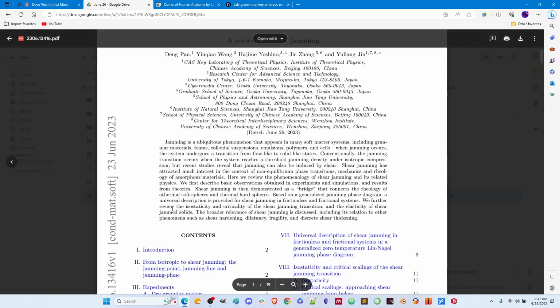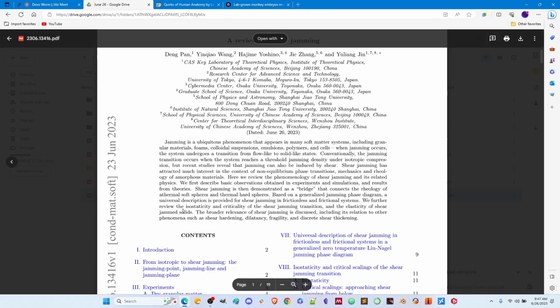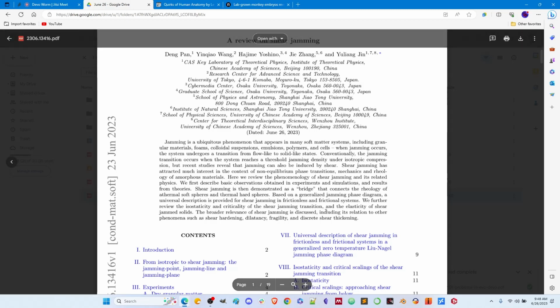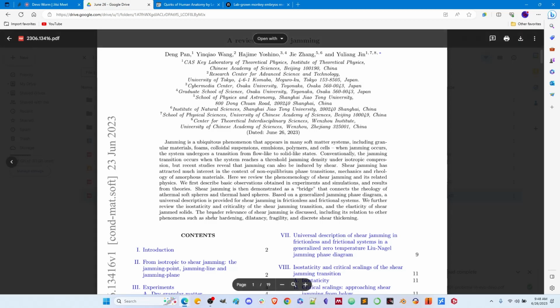We further review the isostaticity and criticality of the shear jamming transition and the elasticity of shear jammed solids. So this is where we're looking at the shear jamming transition and some of its properties, and then the elasticity of some of these jammed solids.